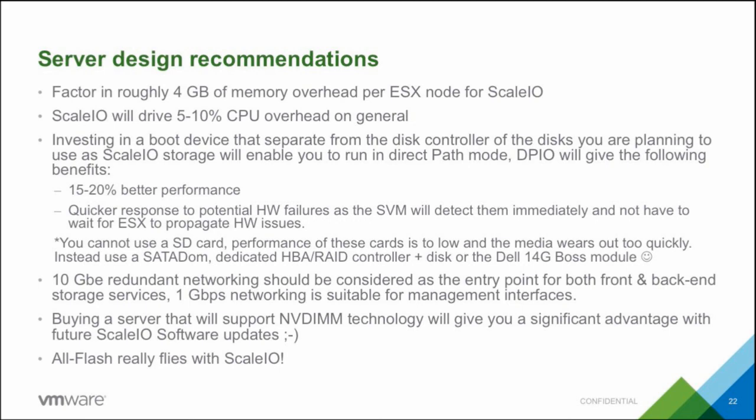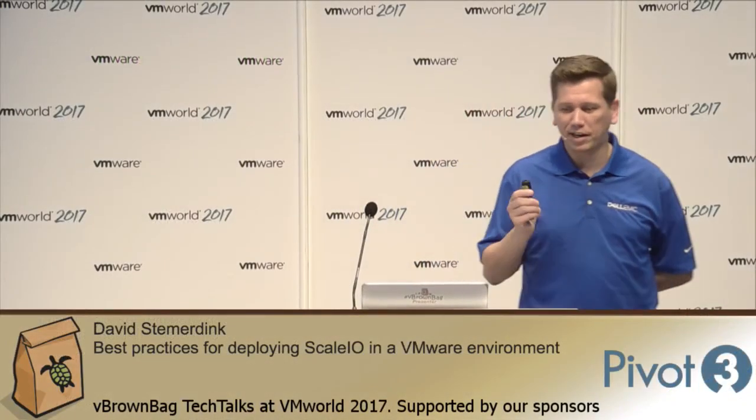If you want to use direct path I/O mode, that means that we need a dedicated controller for that, so a SATA DOM or any other kind of device will do. Use redundant networking, and if you're looking at some futures, NVDIMMs are going to unlock some very cool things in future. And all-flash is blazingly fast with ScaleIO.